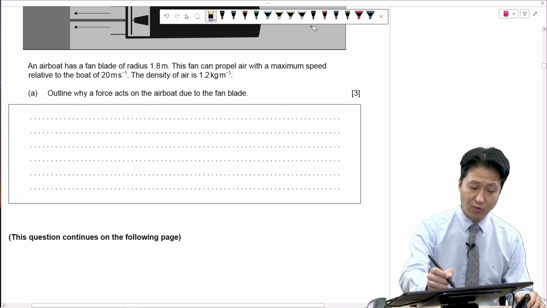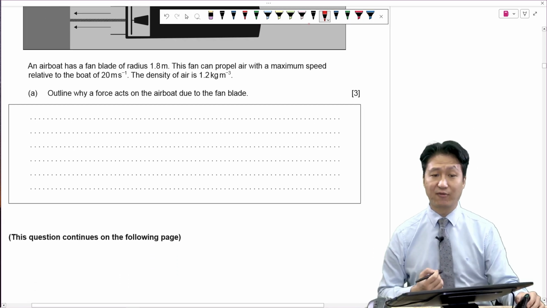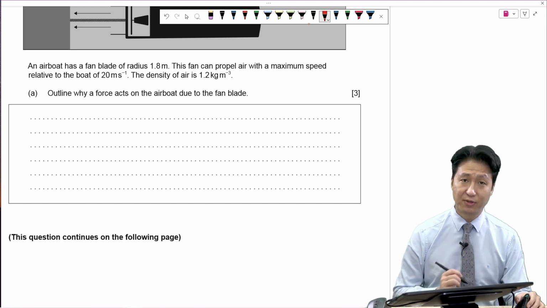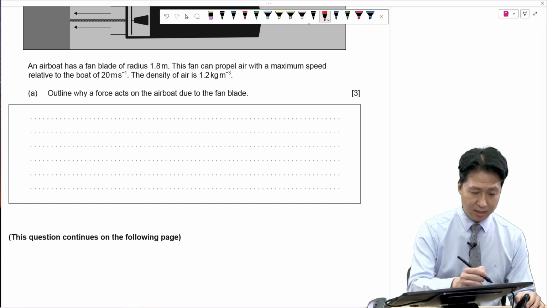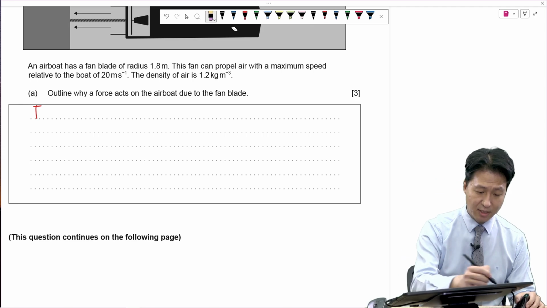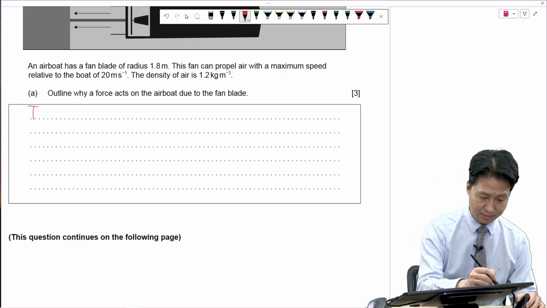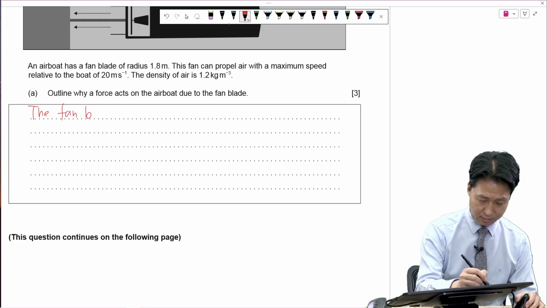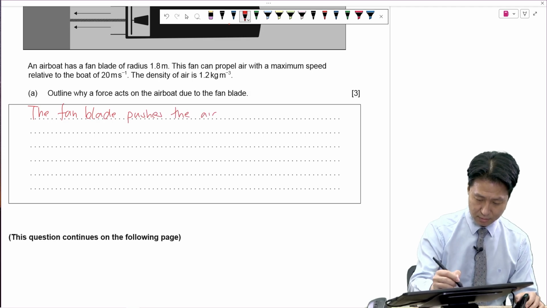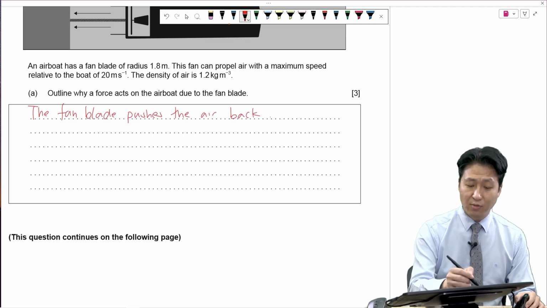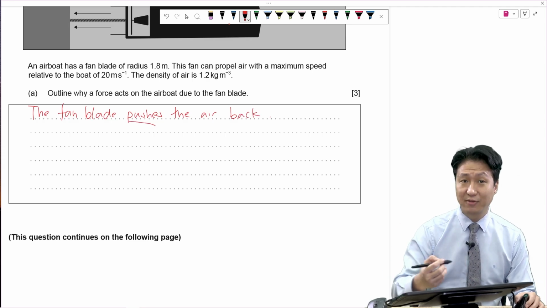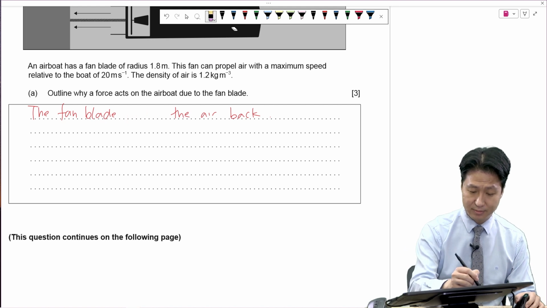Now, it's a why question, so you don't have to actually calculate anything for now. But here's the first thing. The fan blade pushes the air back. Now, when you say push, you should actually say applies a force on the air.